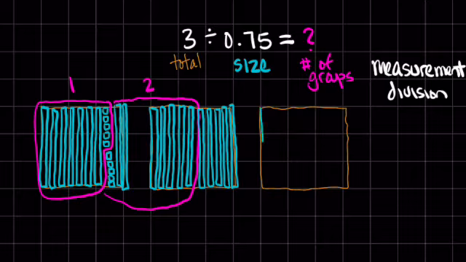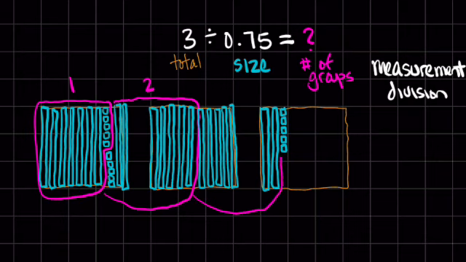Okay, so 2 tenths and 5 hundredths, and this will make 1 more group. Okay, so I can make 3 groups.